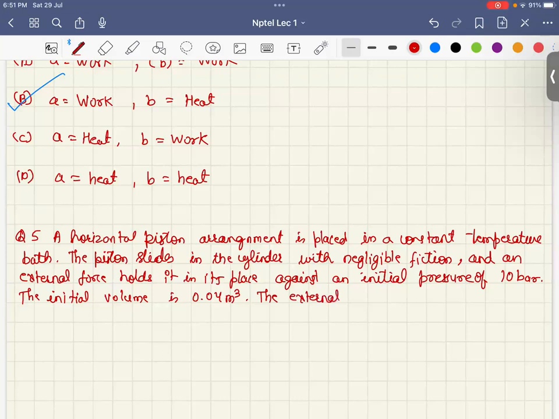The external force on the piston is reduced gradually. So now this is a very important one: we have option 1 in which it is reduced gradually, and in another case it's reduced suddenly, right?